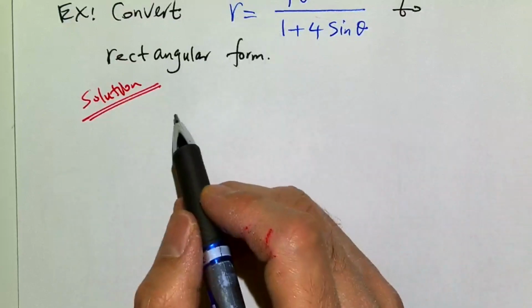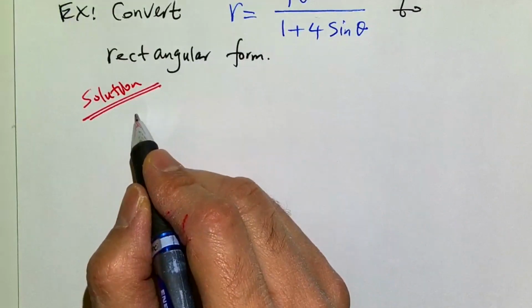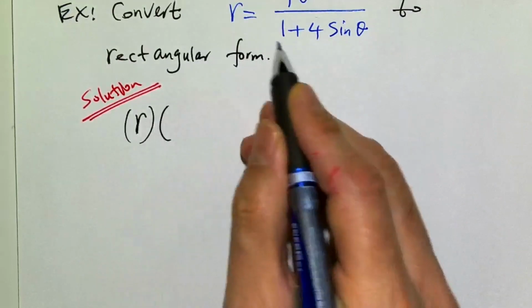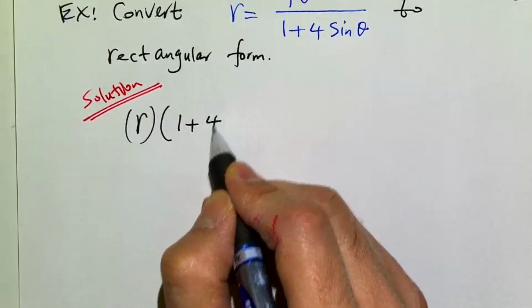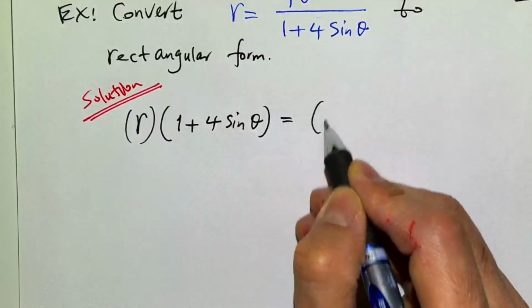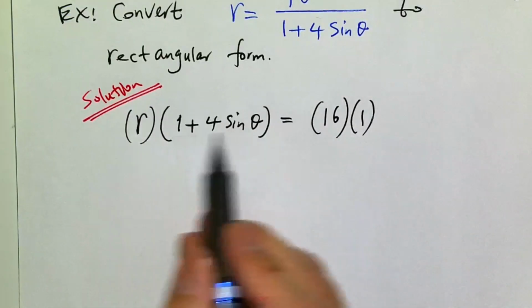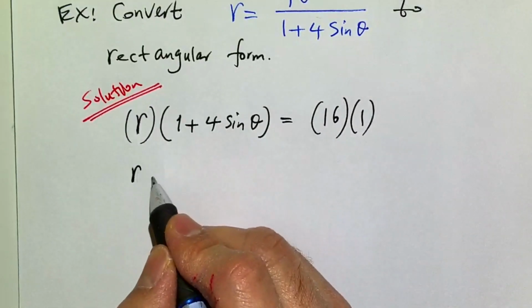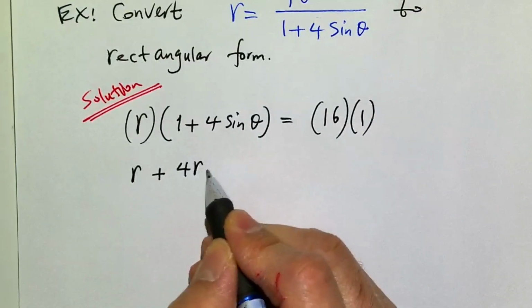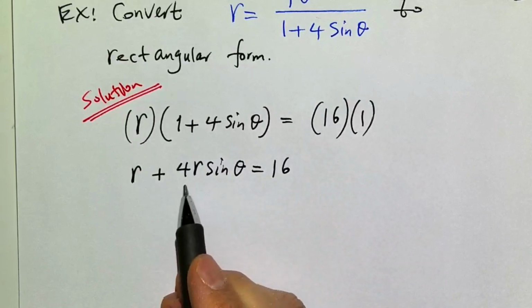That combination would help us to generate a rectangular form. So let's do that. So r times all of that, let's distribute this. We get r plus 4r sine theta equals 16.